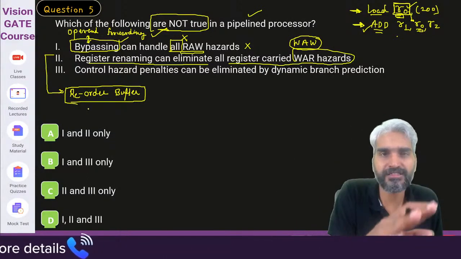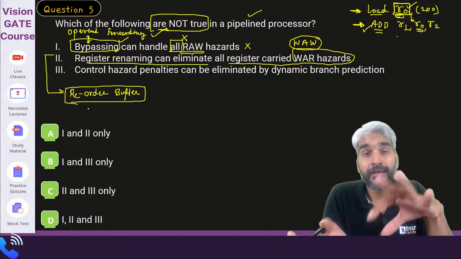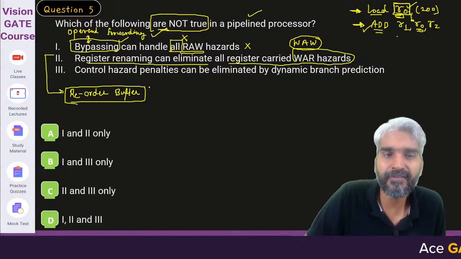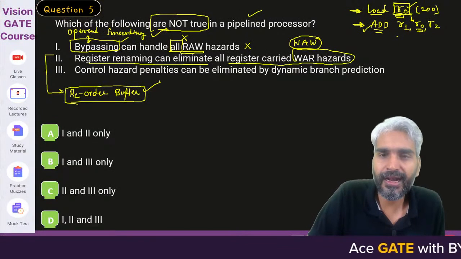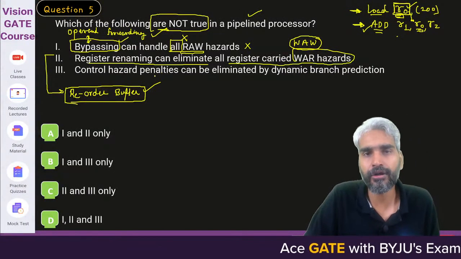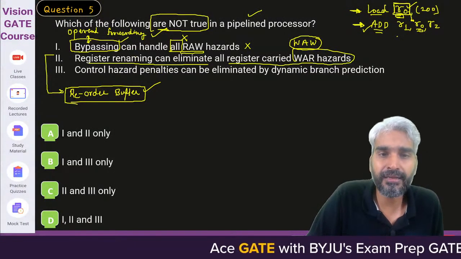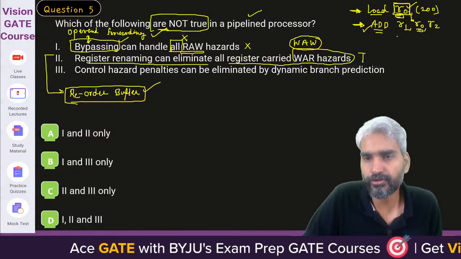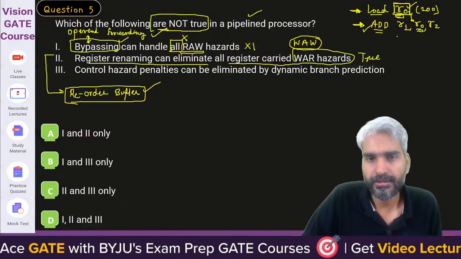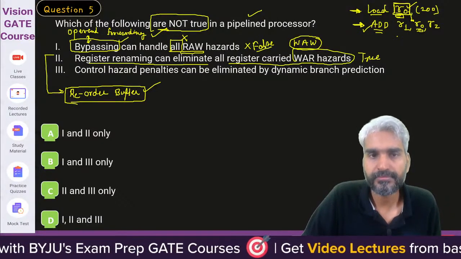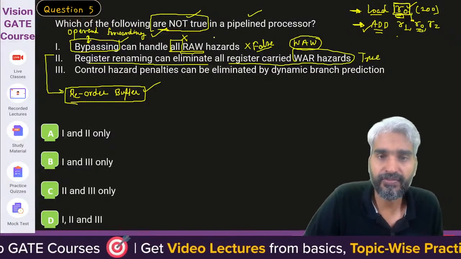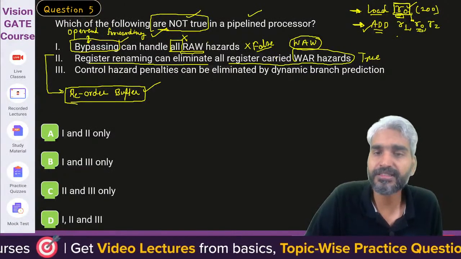When that instruction is executed, we store the corresponding values in the dedicated register from the reorder buffer, and we will be able to eliminate all the hazards. So this is true. The first one is false. The question is asking for not true, so obviously the first one is not true, but the second one is true.